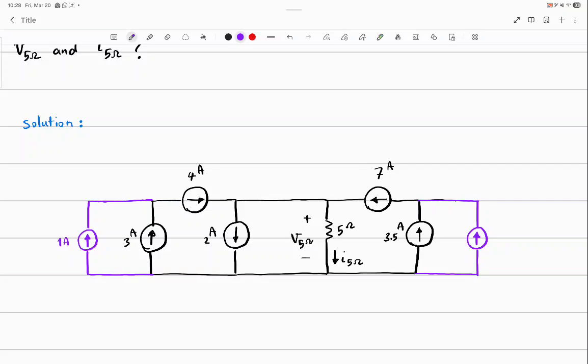What's the value? 7? 3.5 and 3.5, right? Just one of them, okay? They're not supposed to be added together. 3.5.